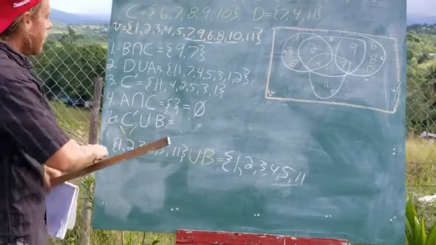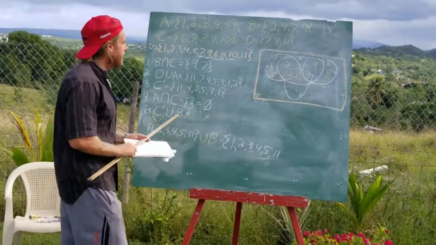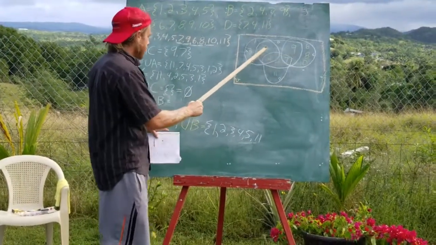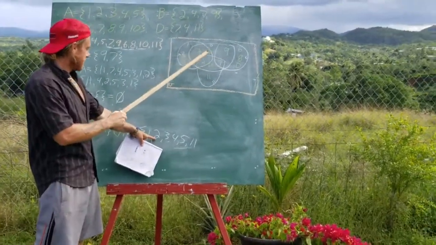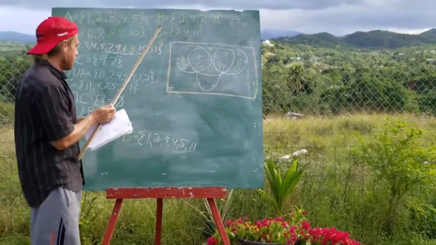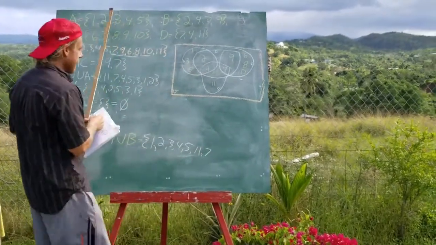And now we're also going to add any elements that are not redundant from set B. So set B consists of 2, 4, 7, 9. Is there a 2? Yes. Is there a 4? Yes. Is there a 7? No. We'll add 7. And a 9? No.